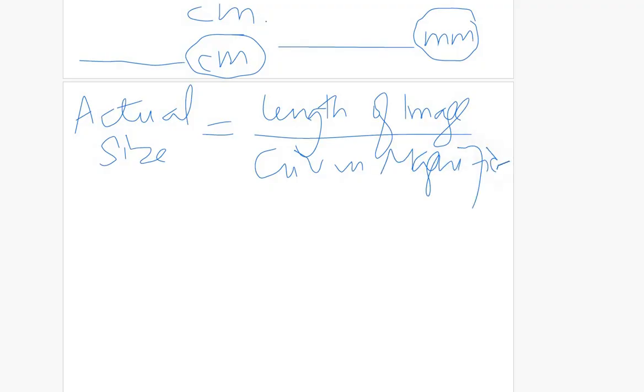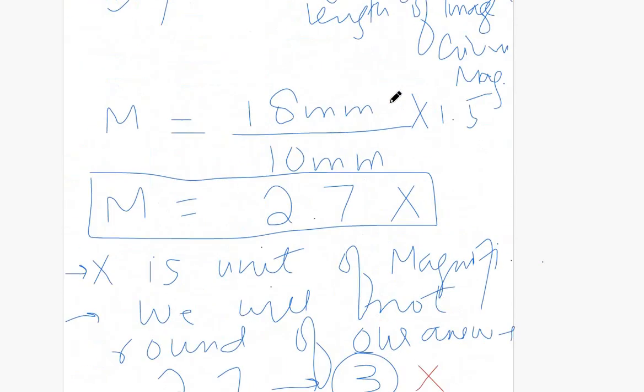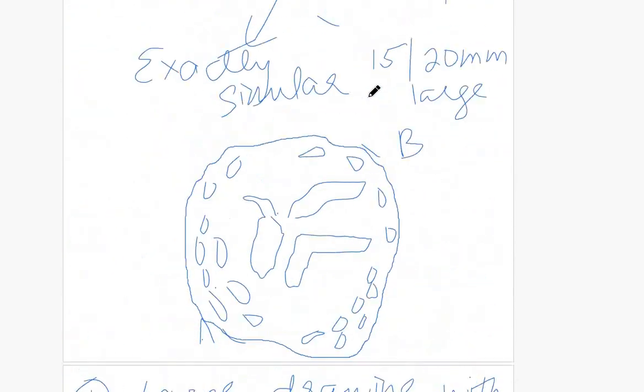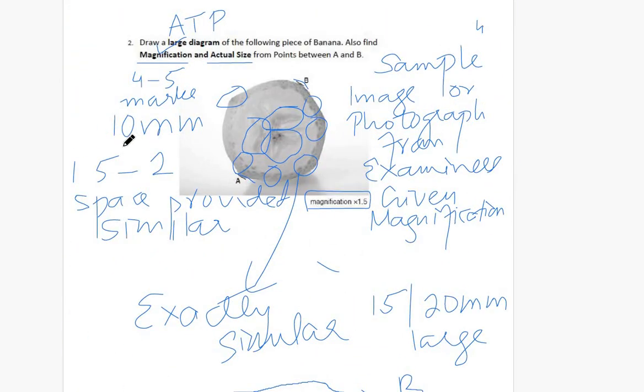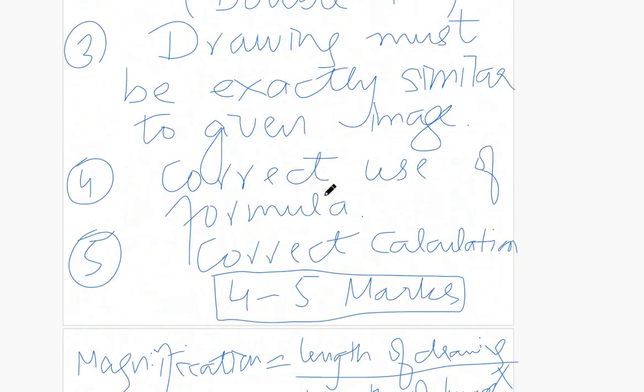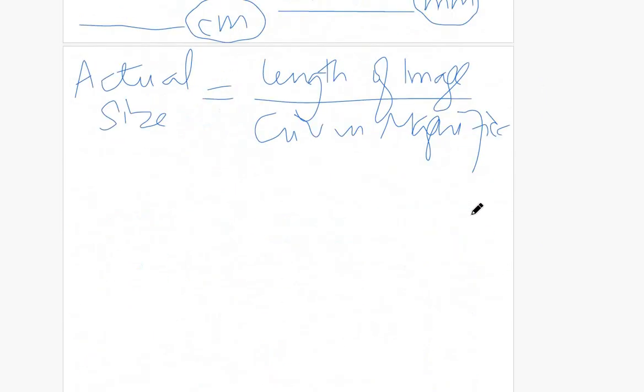The length of image in the question was 10 millimeter, the length of image between A and B, and the given magnification is 1.5. So we will put the values in: length of image is 10 millimeter divided by given magnification, that is 1.5.